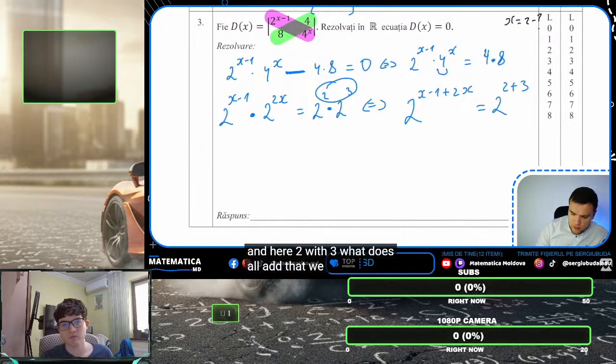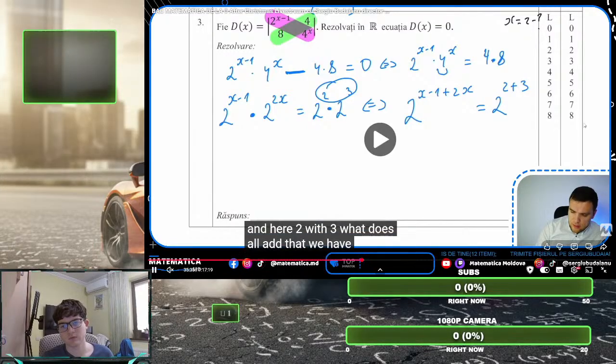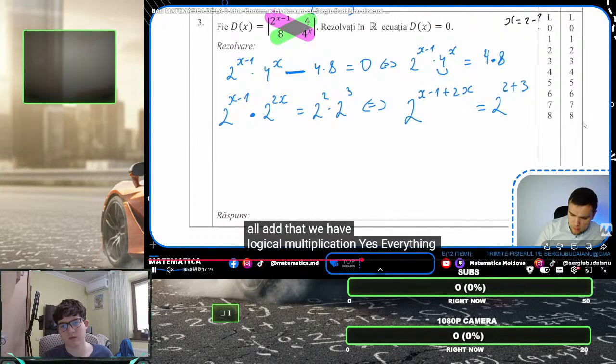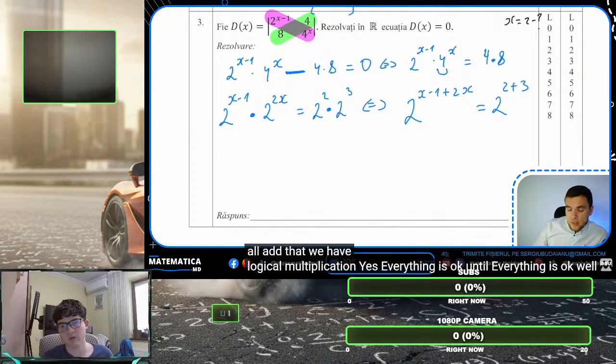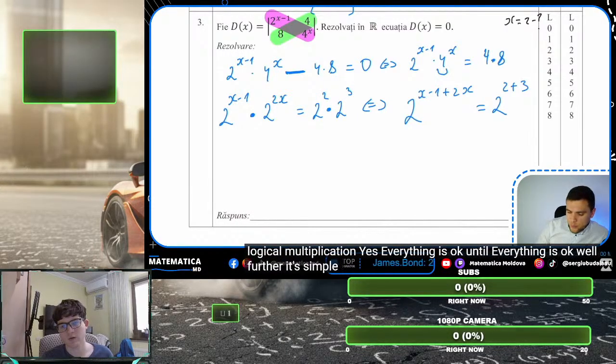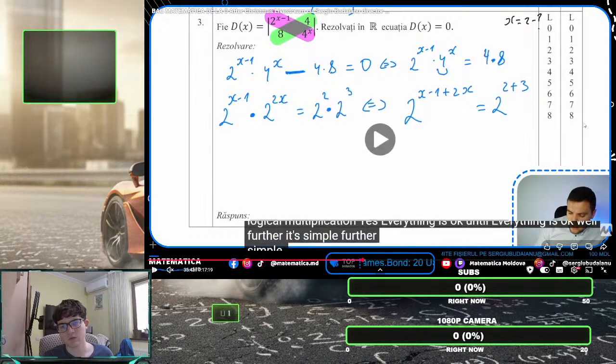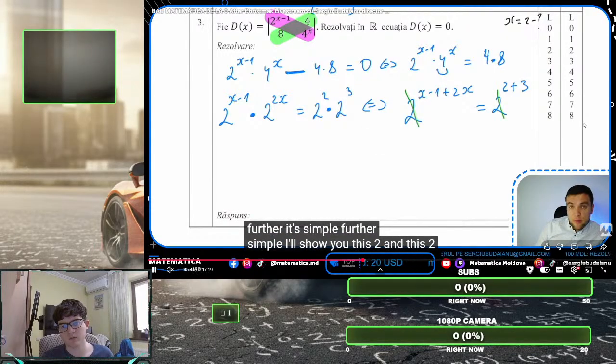So on the left you'll have 2 to the power of x plus x, and there's 2 to the power of 5 on the right. So it's going to be 2 to the power of 2x, isn't it? Or it's minus 1, I don't really know.